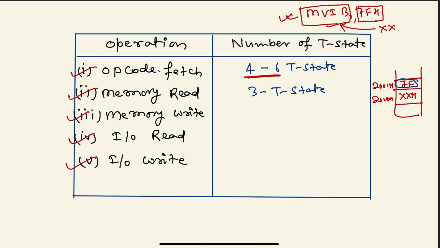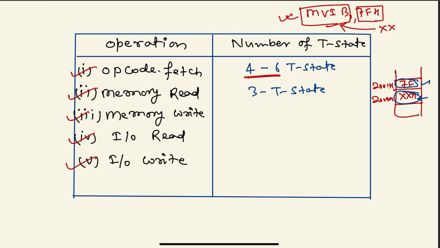Both are reading operations only, but the difference is that this gives the instruction to the processor about what operation has to be performed, followed by this 8-bit data 7FH. For reading 7FH and XXH, it takes the same time period of 3 clock periods, and the fourth T state or fourth clock period is required by XXH for decoding and execution of the instruction.